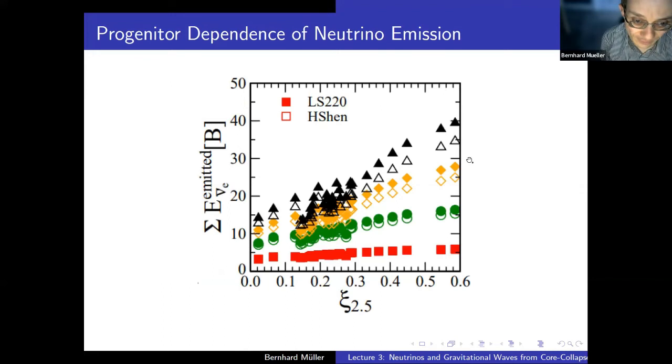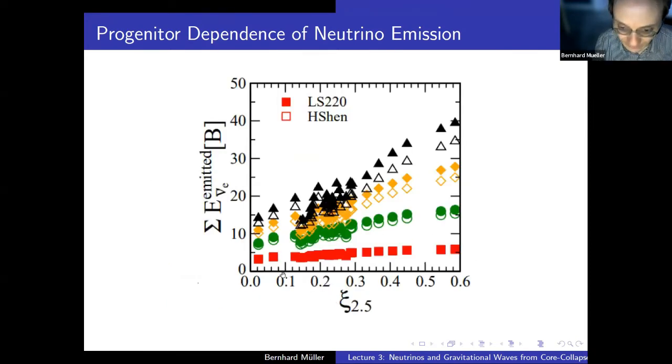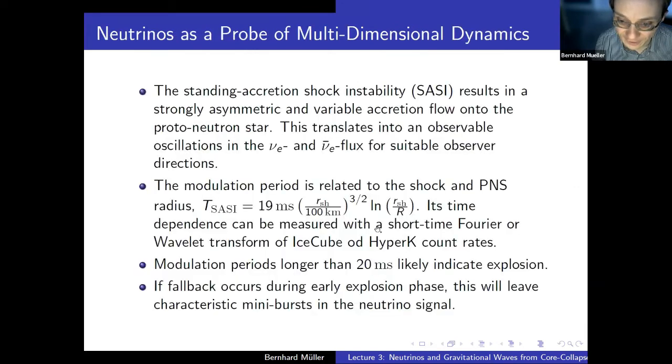And if you then translate this to a relation between the emitted energy in electron neutrinos during the first 500 milliseconds, what O'Connor and Ott found in this paper here, you see a strong systematic trend, regardless of the nuclear equation of state, which will allow you to pin down the progenitor compactness, if you can do a good measurement of this emitted electron neutrino energy during the first few hundred milliseconds.